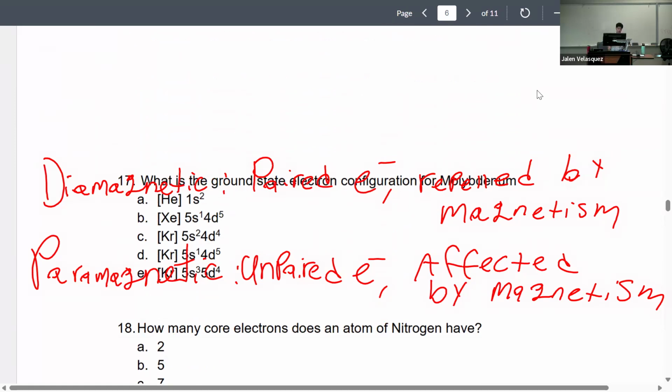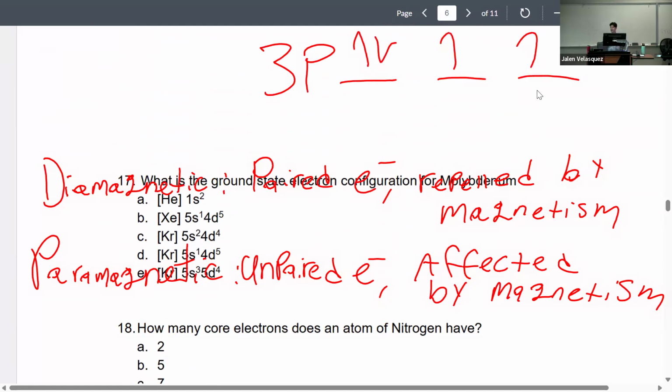In 3p, it had this. This is paramagnetic. So it'll show you that and ask, will this be affected by magnetism or not? Okay.